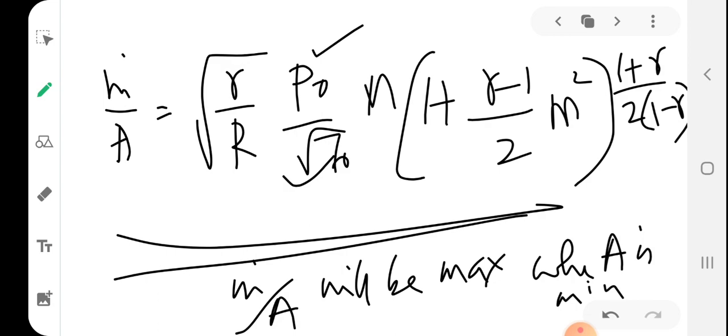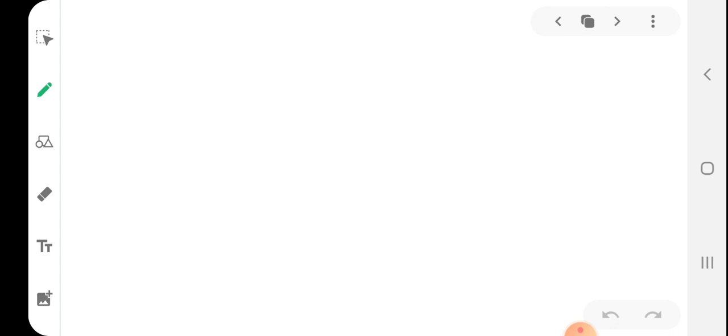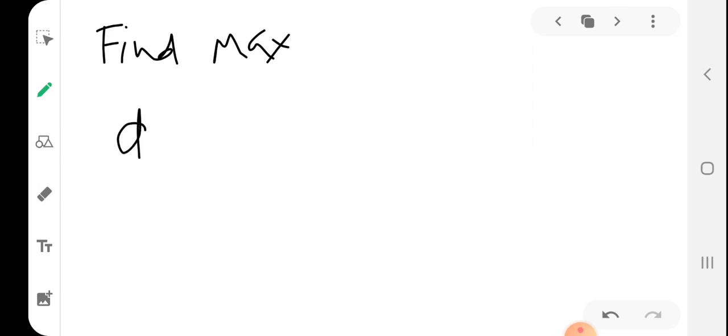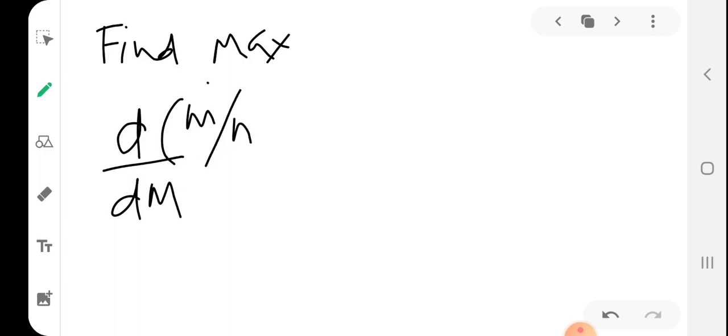So in order to find the condition for maximum mass flux, what to do? If you have to find maxima, what will you do? You just differentiate. It depends upon Mach number only, so you differentiate with respect to Mach number, and it should be equal to 0.